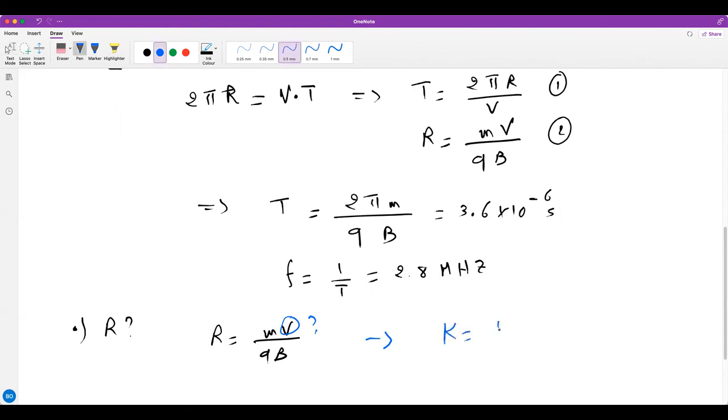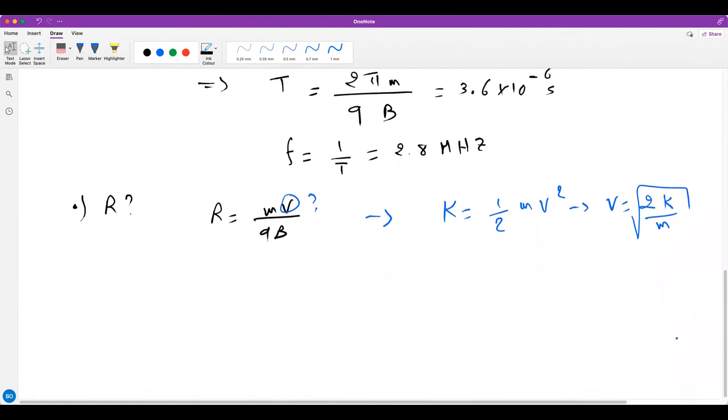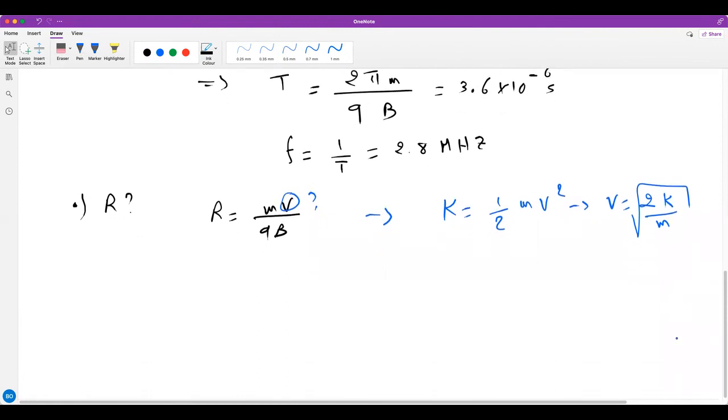The kinetic energy is equal to 1/2 m v squared, which will give v equal to the square root of 2K over m, and we already have the kinetic energy because it's given. So we can easily calculate the velocity.